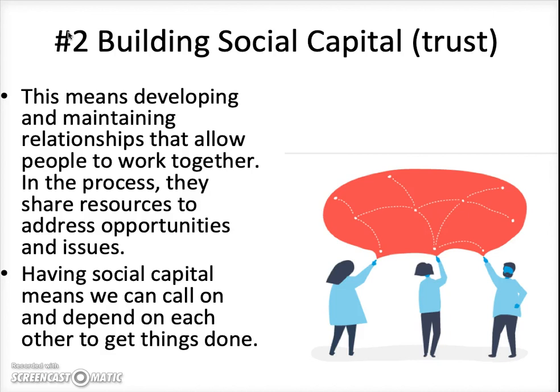Number 2 of your 3 competencies is building social capital. This is trust, okay? Once again, part of the trust is that you've already reached out to become part of this community, or you are already part of this community in some way. This means developing and maintaining relationships that allow people to work together. In the process, they share resources, address opportunities and issues.